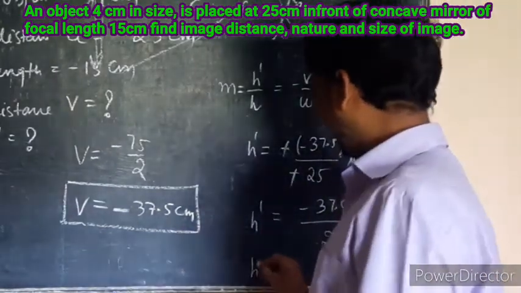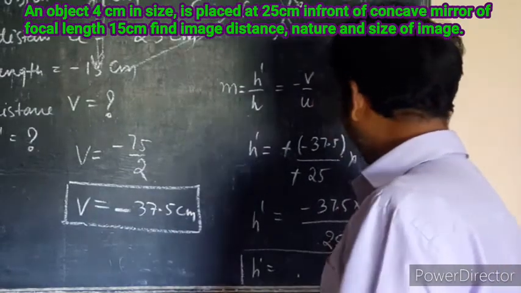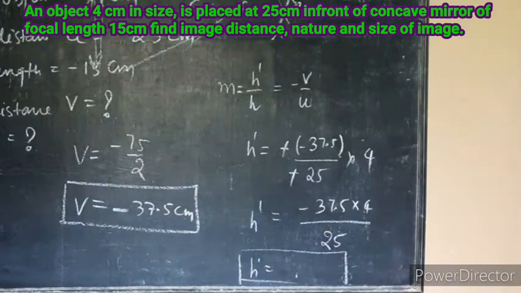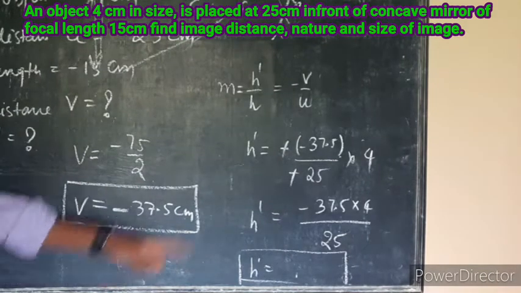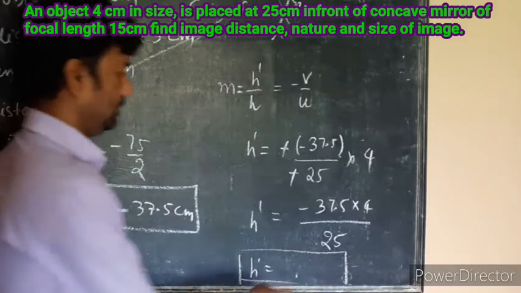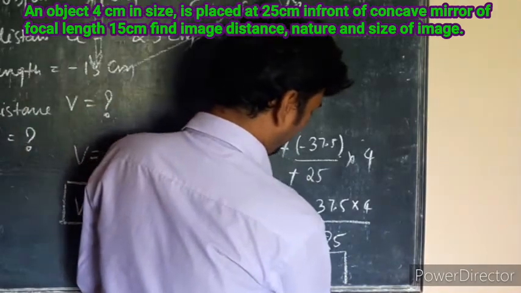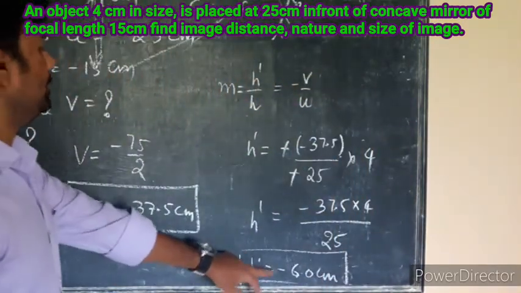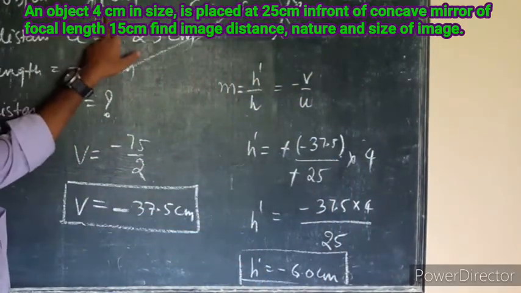So you will get h dash. If you simplify this, if you multiply minus 37.5 with 4 divided by 25, you will get the height of the image as minus 6.0 centimeter. So check out, the height of the image is minus 6, height of the object is 4.